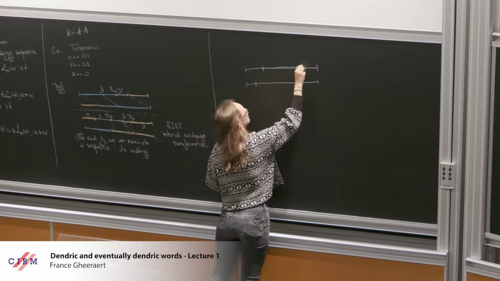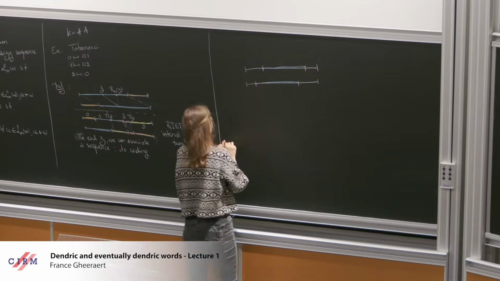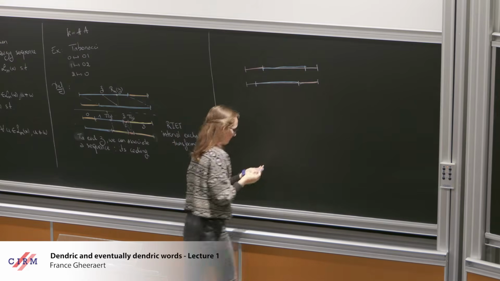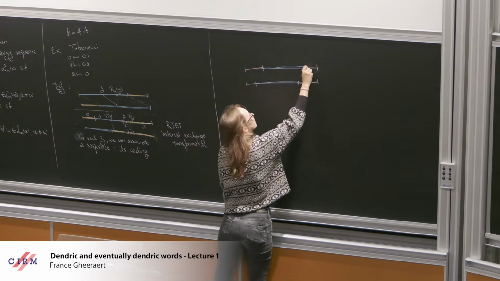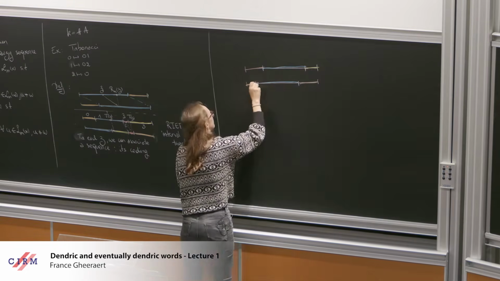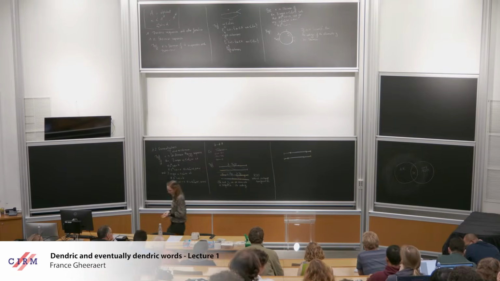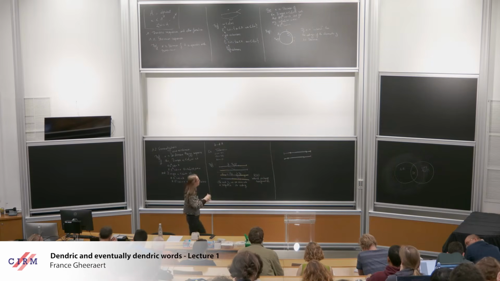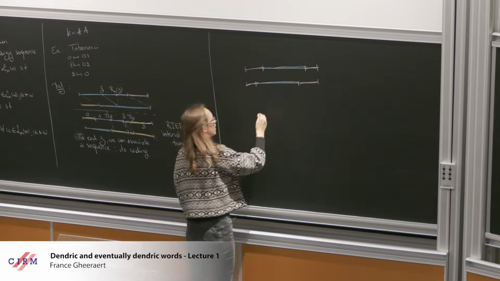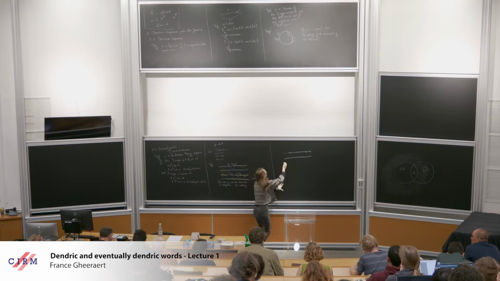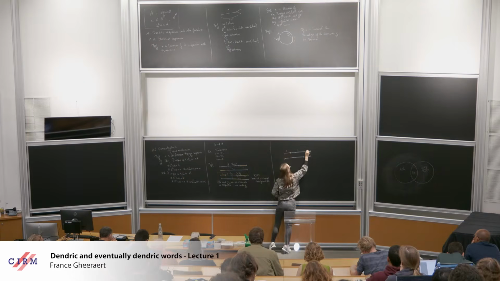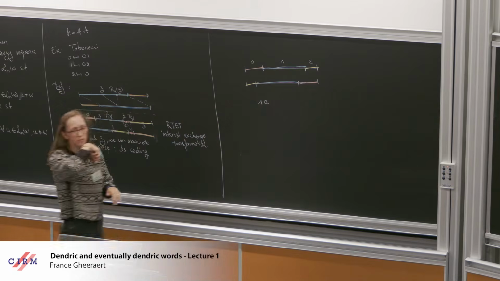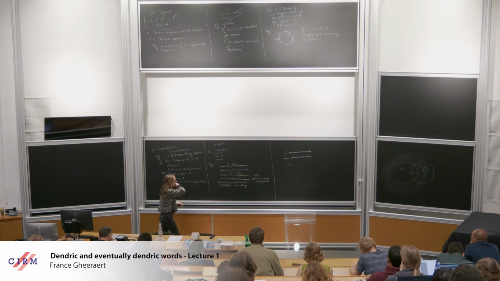So this one is here, and then the other 2 are swapped. So how can we understand extensions in there? Let's say this is 0, 1, and 2. Let's try, for example, to understand what are the letters that I can put to the right of 1.